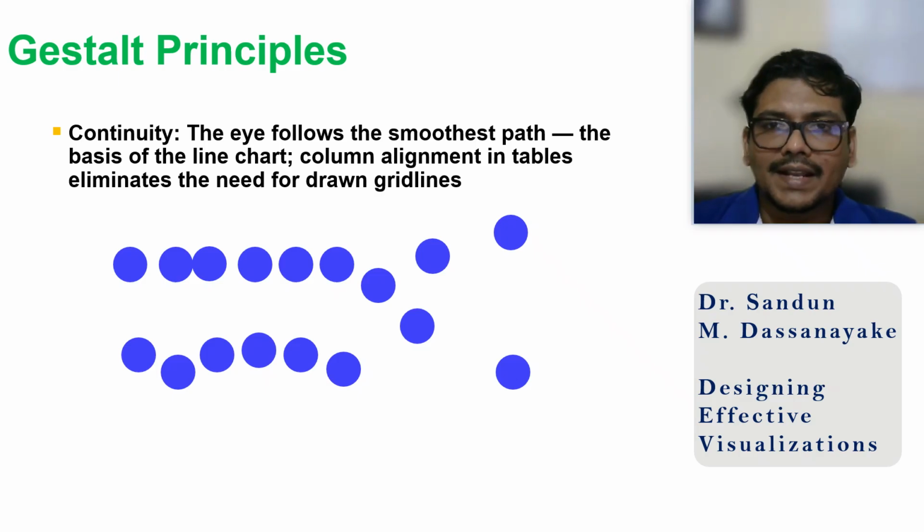Once numbers line up vertically, the eye locks onto that straight path and flows down the column on its own. Think about reading a table. So drawn vertical grid lines add nothing but non-data ink when you follow the continuity principle. The eye will always follow the continuous path.